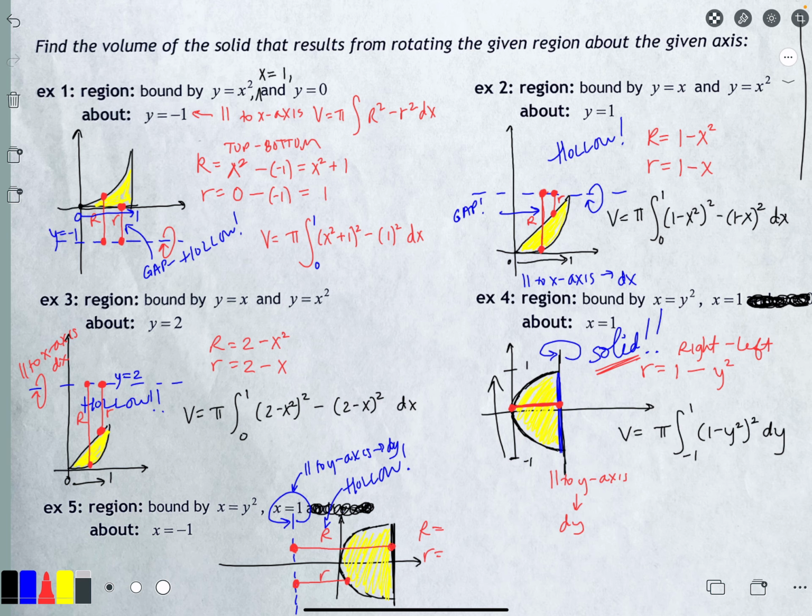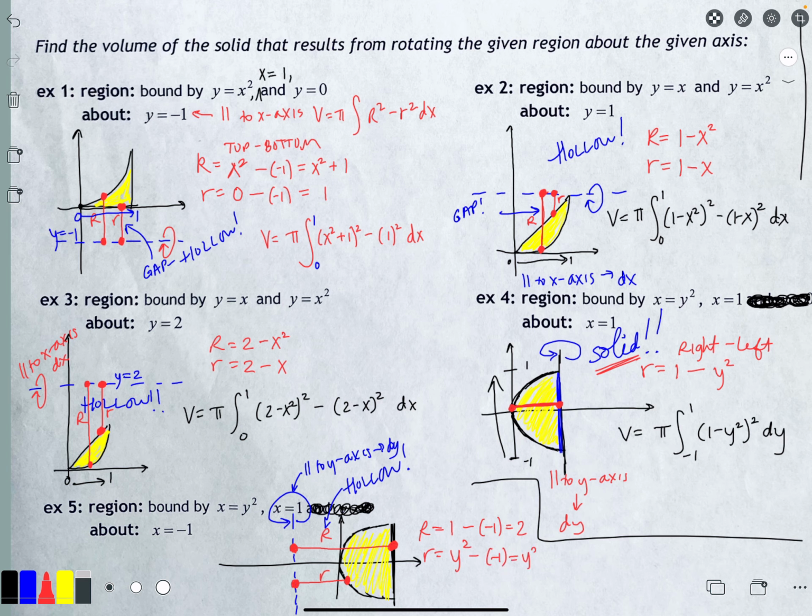So big R touching on the right is x equals 1, and on the left, it's x equals negative 1. So I have 1 minus negative 1, which is 2. Little r, on the right, it's touching x equals y squared, and on the left, it's touching negative 1.